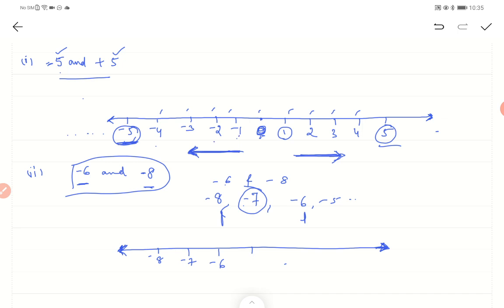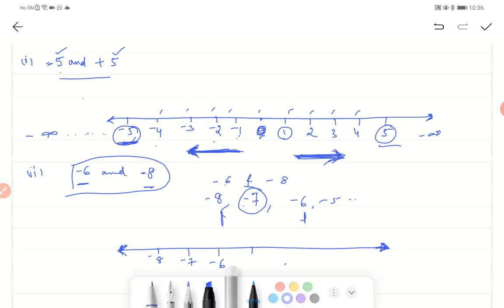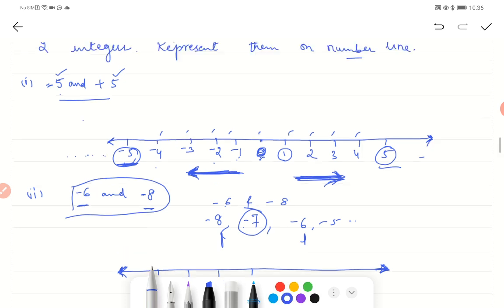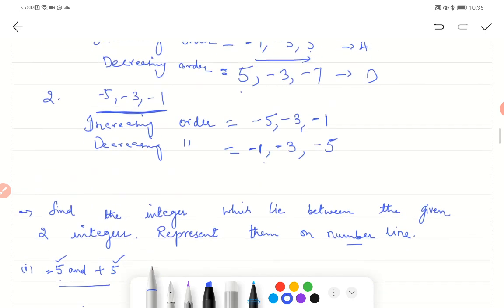The numbers on the left keep decreasing, from minus infinity, and on the right keep increasing till infinity. On both sides we have infinitely many numbers, so we represent them with the arrow mark. This is how you'll get some questions on ordering of your integers.